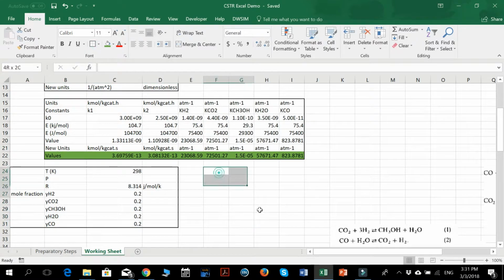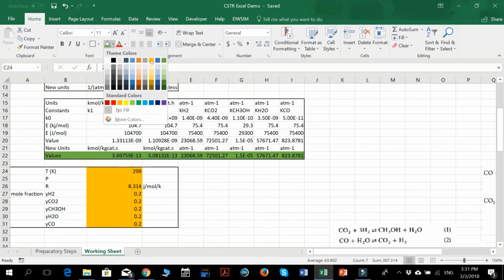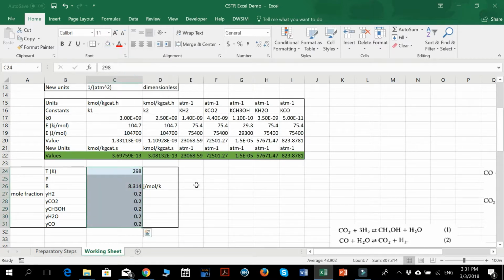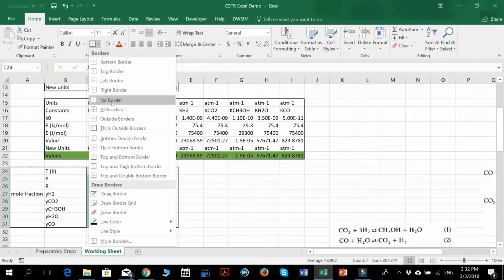Okay, so these are my inputs. I'm going to give them a different color. What color should we give it? We give it a very light blue, and we give it some borders.